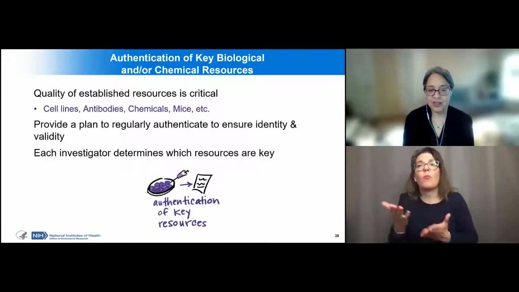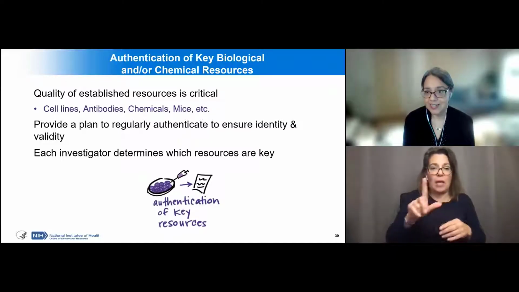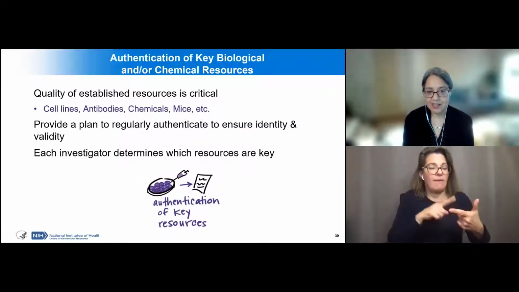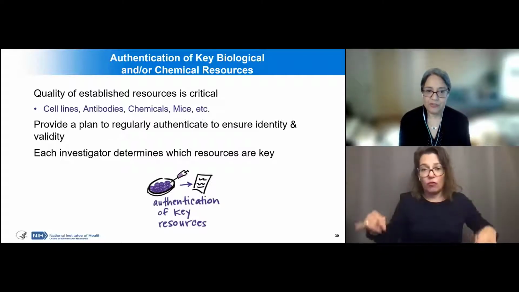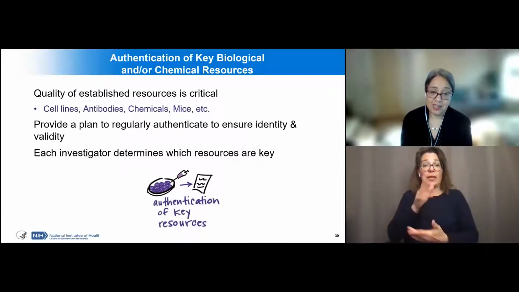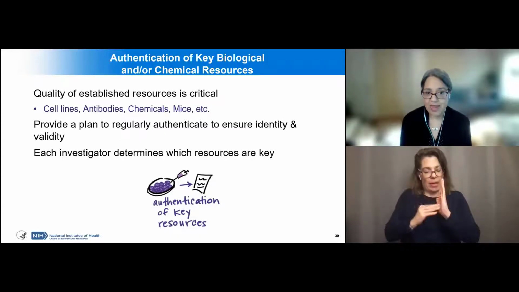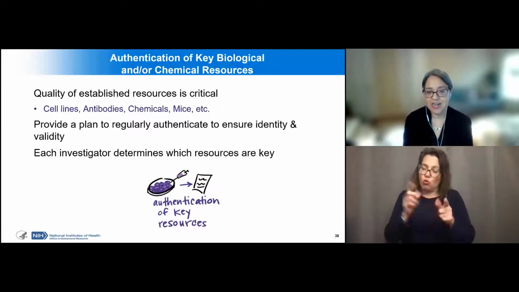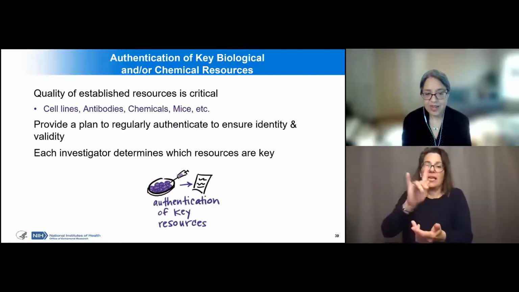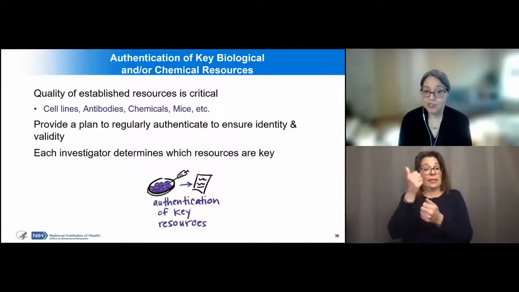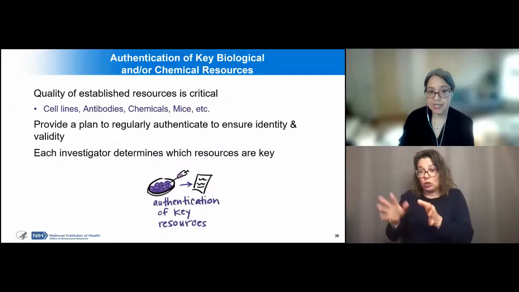These include cell lines that are already in existence, antibodies, chemicals, or mice, etc. For this part, we ask in the application that you provide a plan to regularly authenticate and ensure the identity and validity of your resources. Each investigator will determine which resources are considered key.